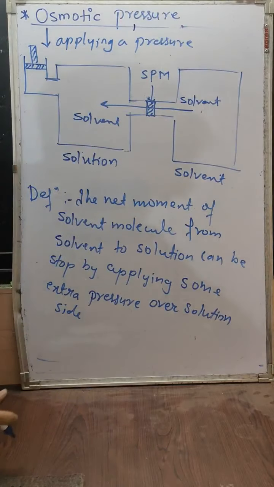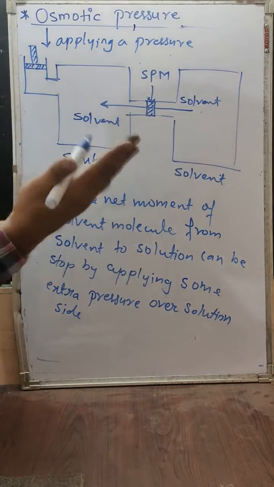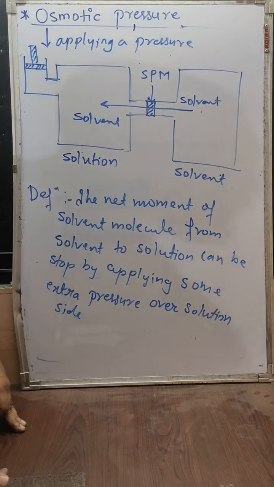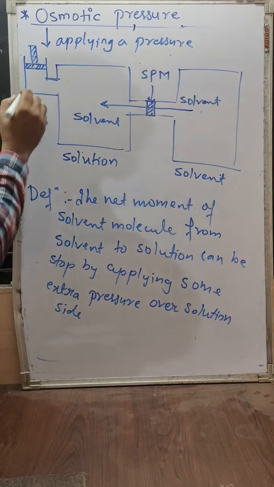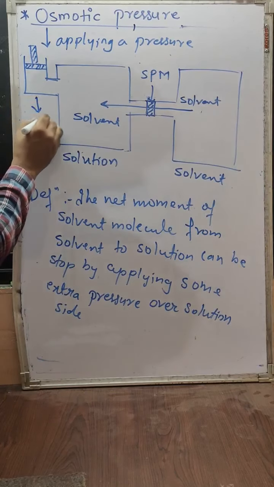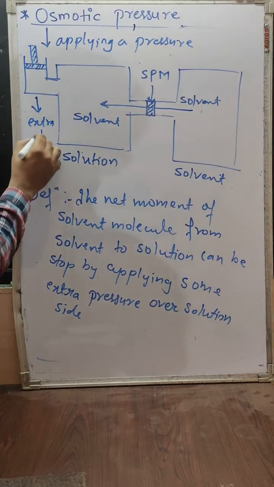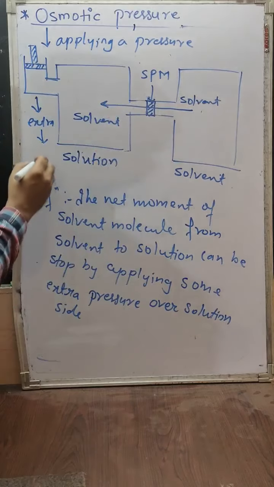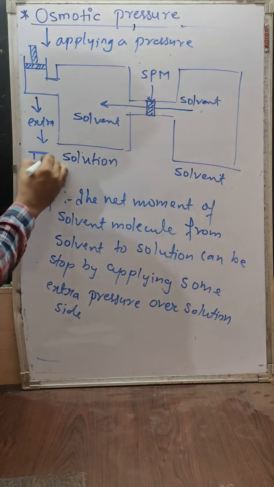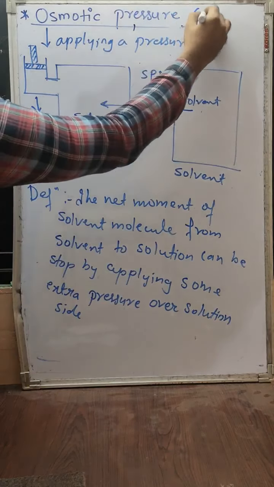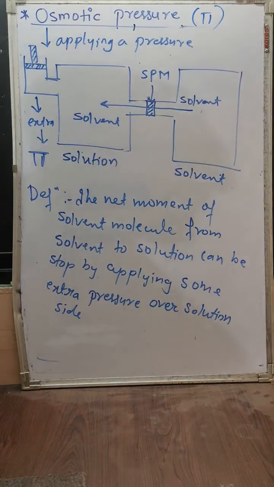So this is called reverse osmosis. So this extra pressure which is applied on the solution side is called osmotic pressure, which is denoted by pi.